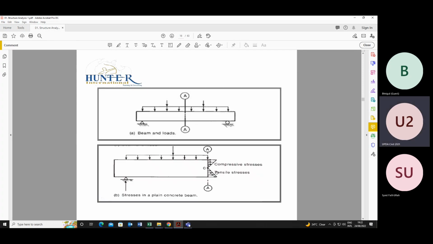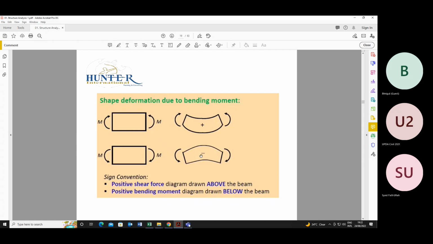Here also the same thing is shown. In the upper fiber there is compression, and in the lower part of the beam there is tensile stress acting on the beam. Again, sign convention: shape deformation due to bending moment. These two bending moments acting in this direction cause sagging, so it will be considered as positive bending moment.